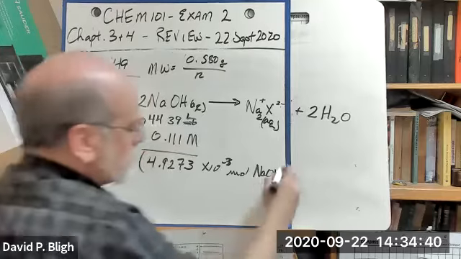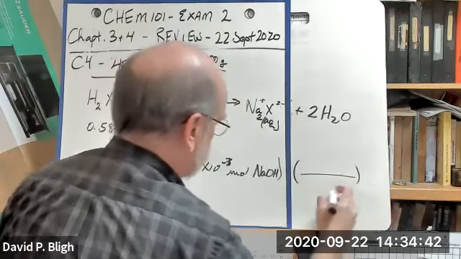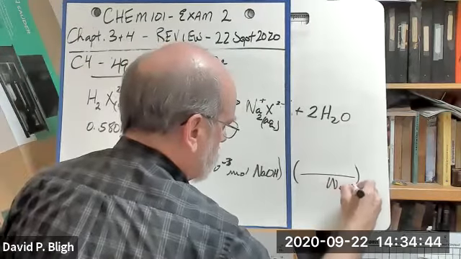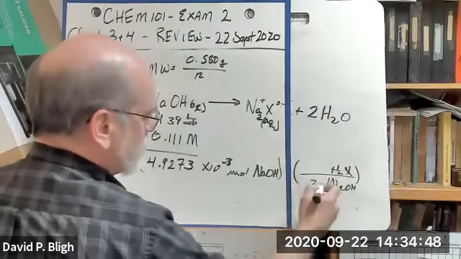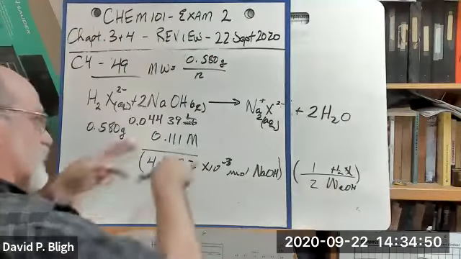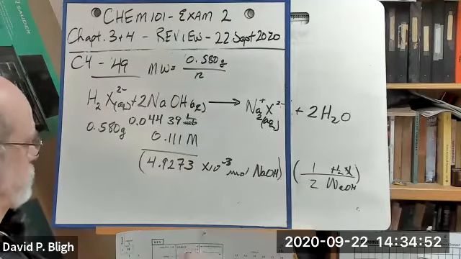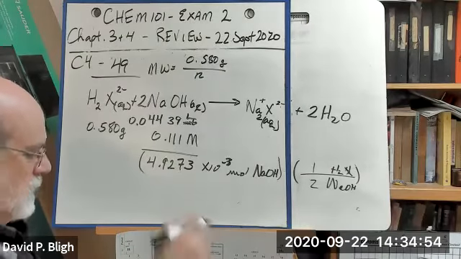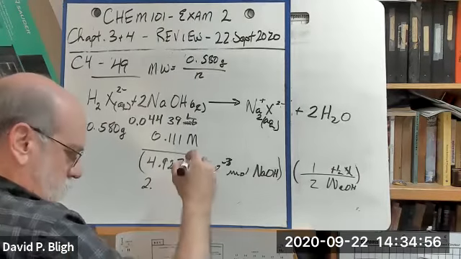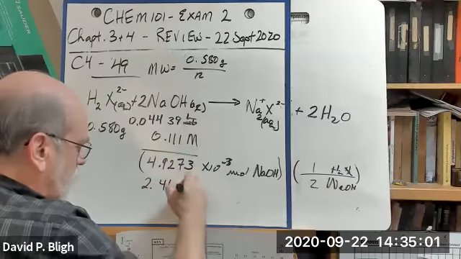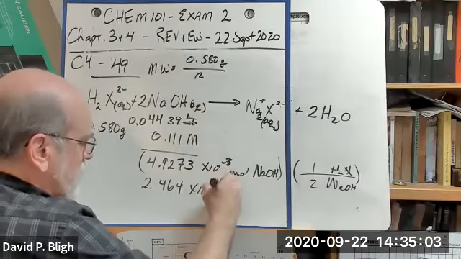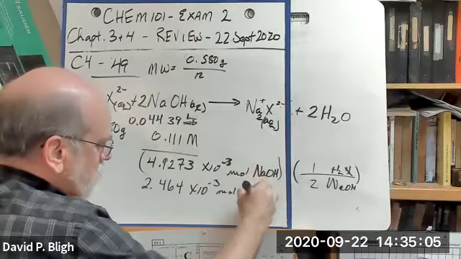And if you were to use dimensional analysis, it would look like this. So we'd have 2 of these, 1 of those, divide 2 into this. And we actually have 2.464 times 10 to the minus 3 moles of H2X.